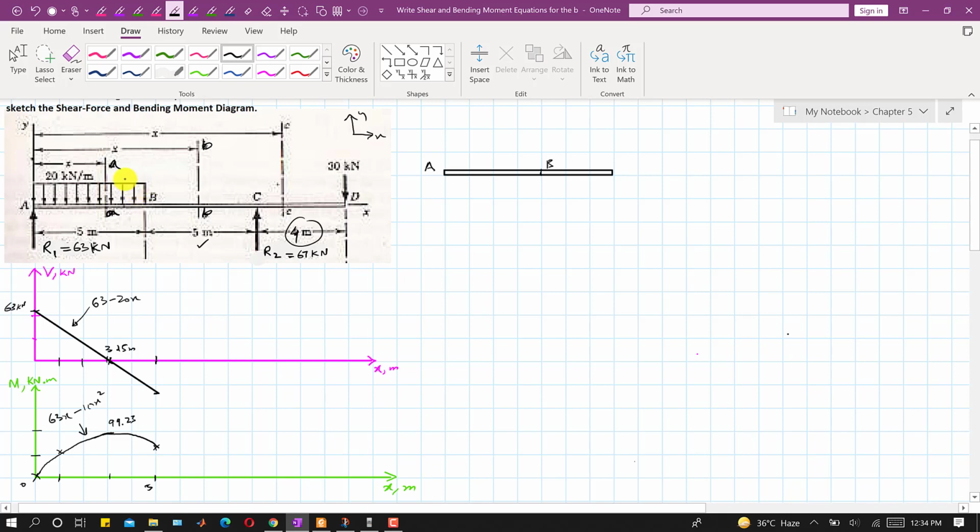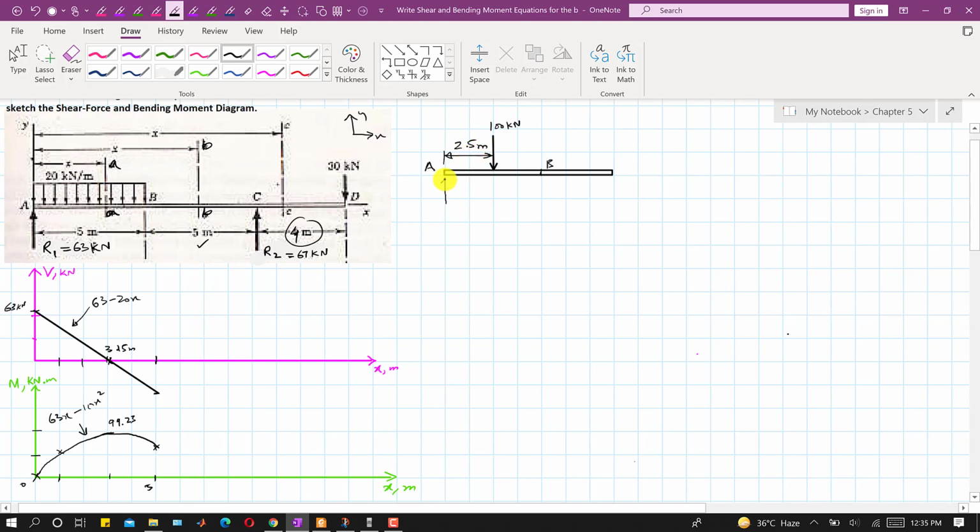So now we can replace this distributed load by its corresponding concentrated load. So that will be acting somewhere here, and the magnitude of this concentrated load will be the area of this distributed load, which is 20 times 5, which is 100 kilonewton. And we know that this 100 kilonewton is at a distance of 5 divided by 2 from this point A, which is 2.5 meters.